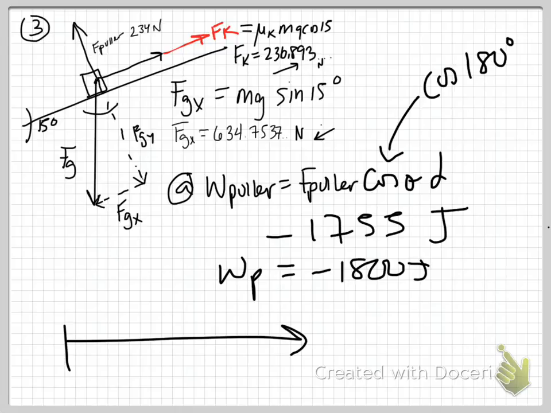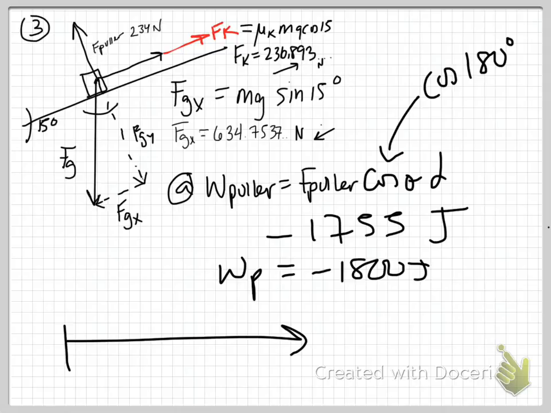Well, ouch, ow, because the distance is down the ramp, and that would be Cartesian negative, and so if you have a negative distance, but you still have cosine of 180, then it would be positive work. Oh, this hurts.